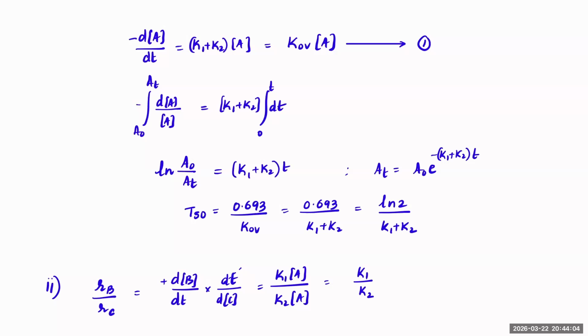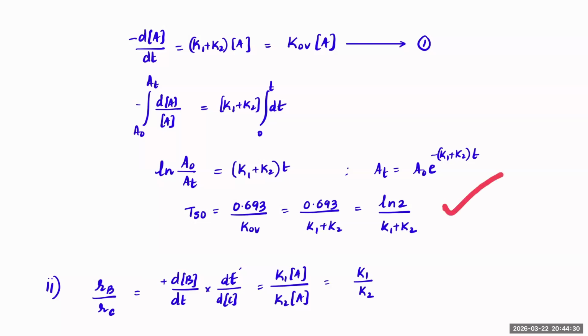And in fact, if I remove the log and make it anti-log, then I'll get AT is equal to A0 e raised to power of minus K1 plus K2 into T. Okay. And T half, you know that it will be 0.693 by K, but here it is about K overall. In this case, it is K1 plus K2 and ln 2 by K1 plus K2. Got it? This is T50.